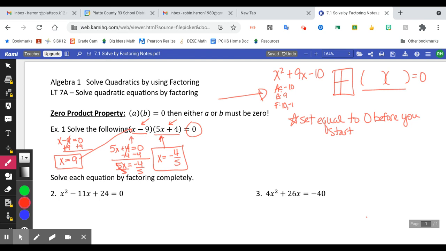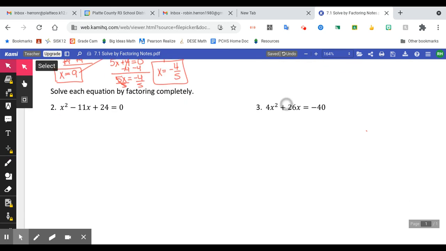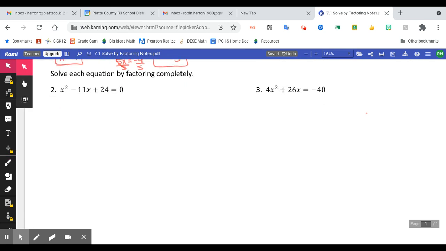Okay? So the hard part is if it's not given to you already factored, then we have to factor like we did last week. So first question, does it equal 0? Yes, that's a check. And then we start with our factoring. So we say, is there a GCF? Just like last week. This would be a no for this one because it's 1 and 11.